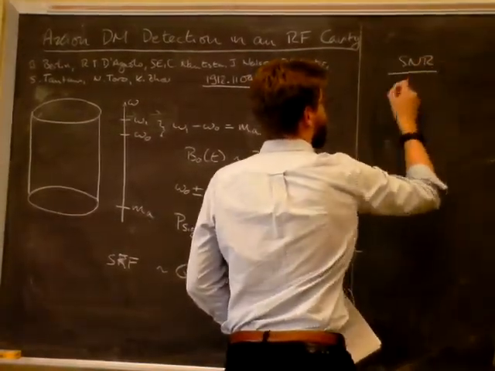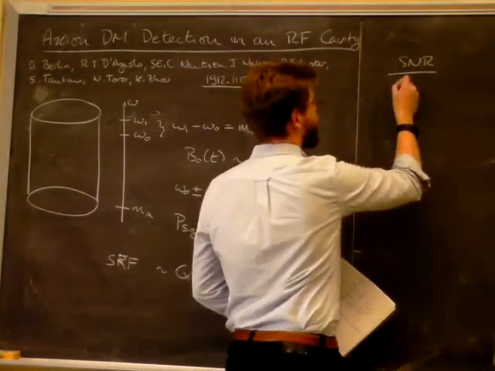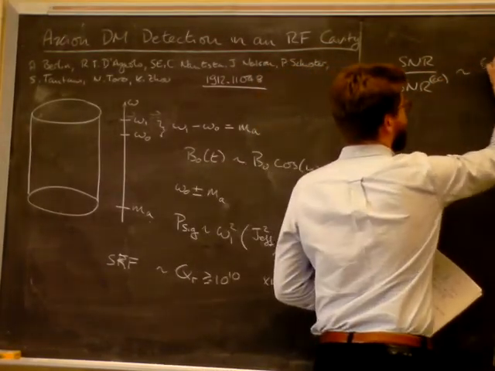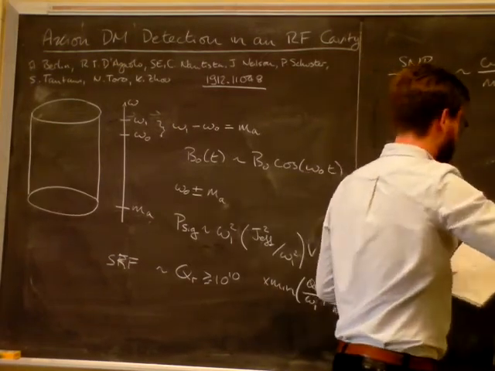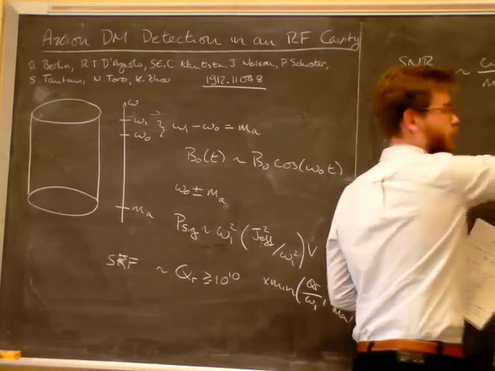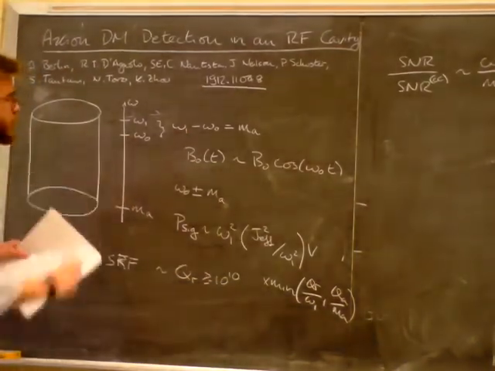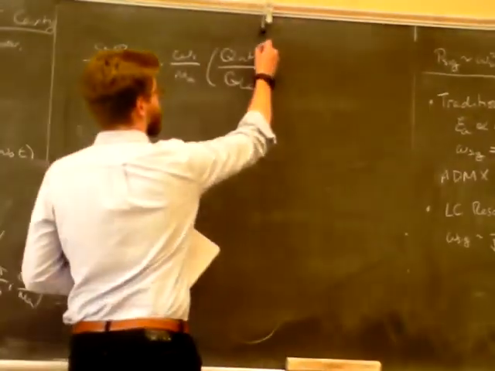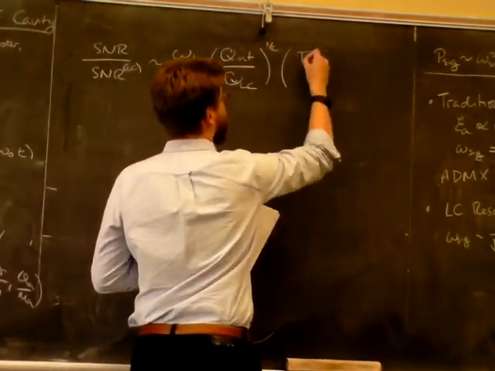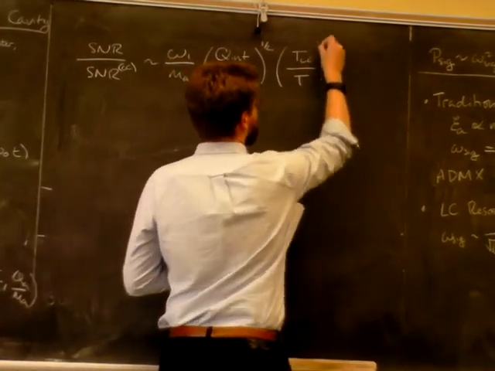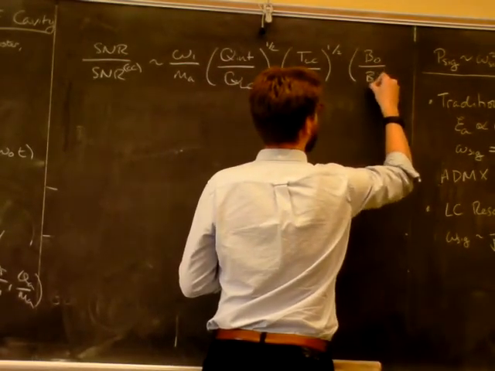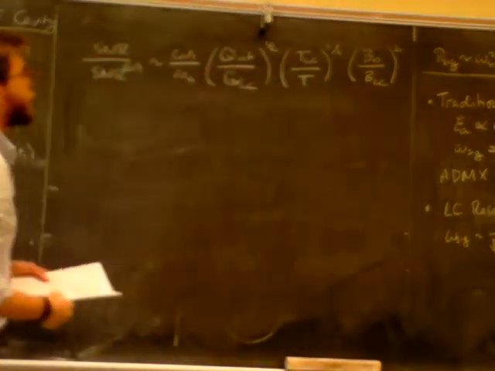So the SNR, signal to noise ratio, in the approach that we're proposing here versus the signal to noise ratio in the LC resonator approach goes like omega 1 over m_a times, and now I'm switching notation to Q intrinsic for my cylindrical cavity here rather than just Q resonator, because this will become important later on, the 1/2 power, and then finally a ratio of magnetic field squares.